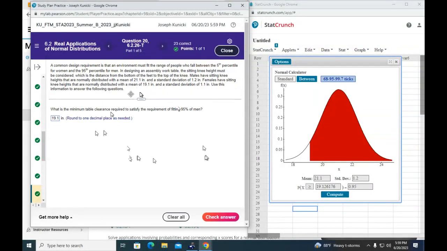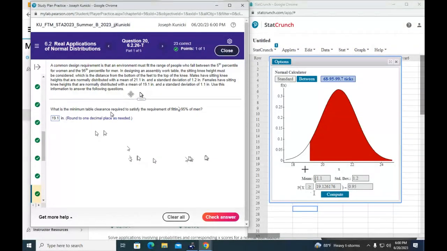Am I reading the problem right? What's the minimum table clearance required to satisfy the requirement of fitting 95% of the men? I'm missing something. Do I have this backwards?